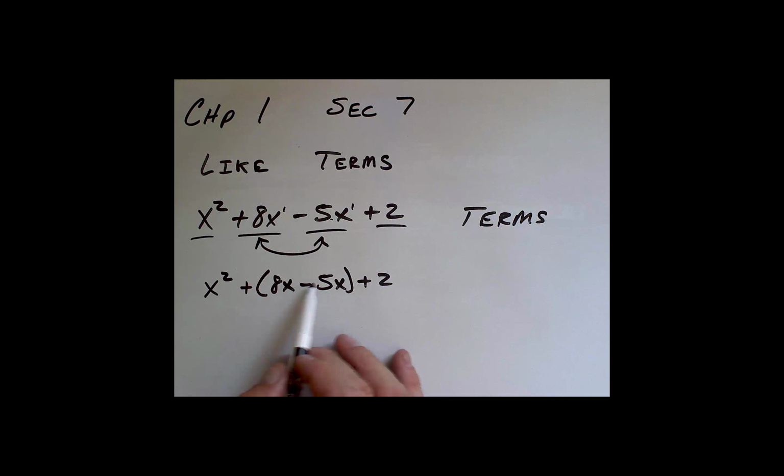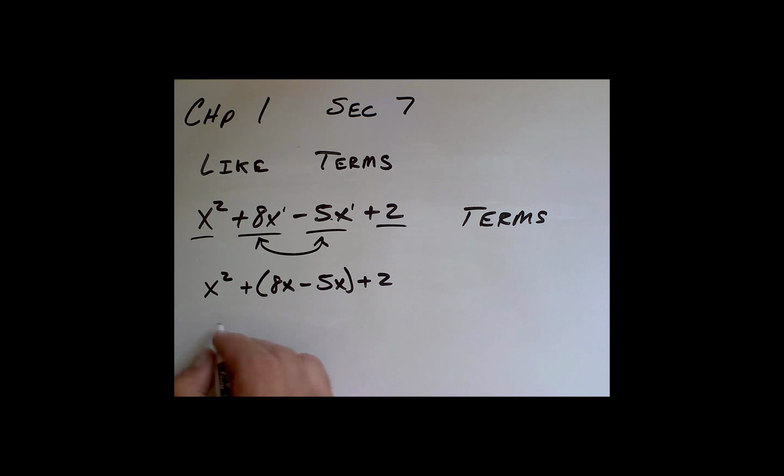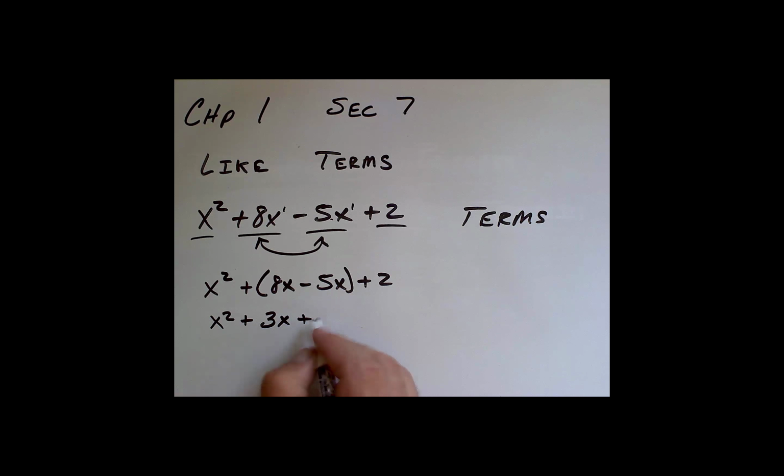So we'd go 8 minus 5. We could write this as x squared plus 8 minus 5 is 3. Keep our term x on there, plus 2. And this is what this original equation would reduce to with like terms being combined.